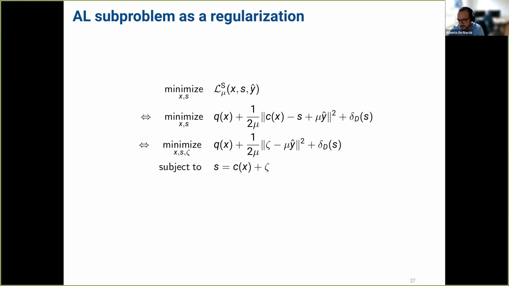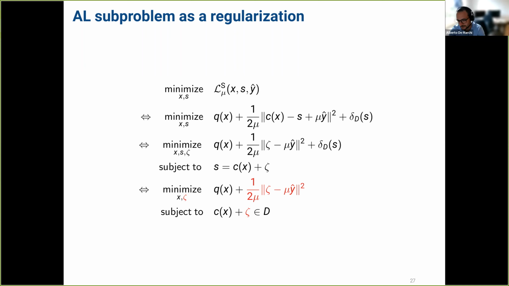Here zeta is just s minus c of x, so it goes back into the objective function. We can replace it there, and then we can also write this without the slack variables. And we obtain that the subproblem is equivalent to the original problem with a dual regularization.